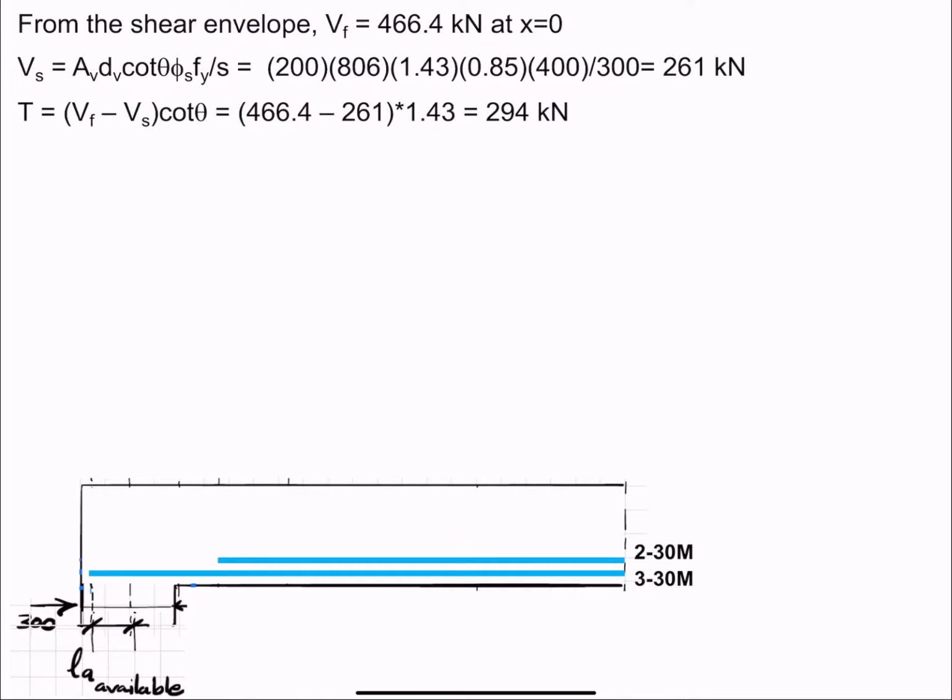From the shear envelope, the factored shear is 466 kilonewtons. So Vs is given by this equation: Av dv cotangent of theta, phi s Fy divided by s.